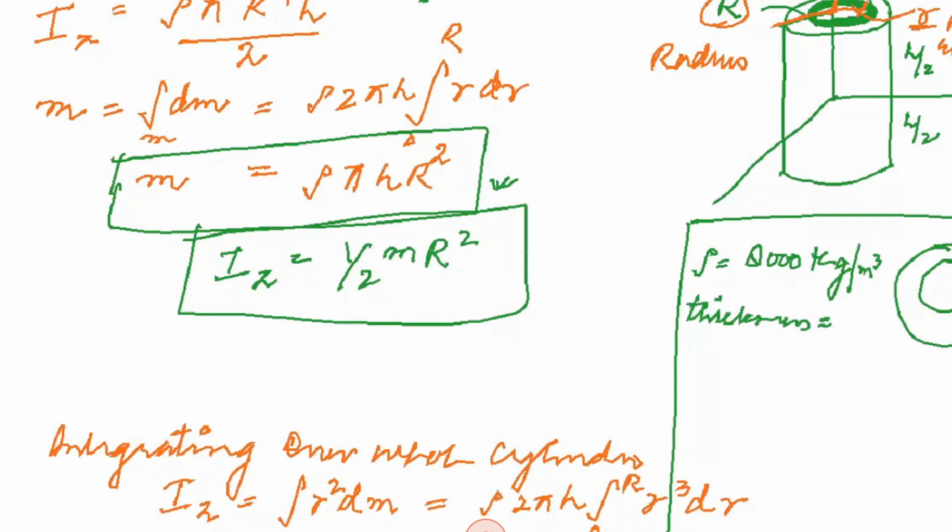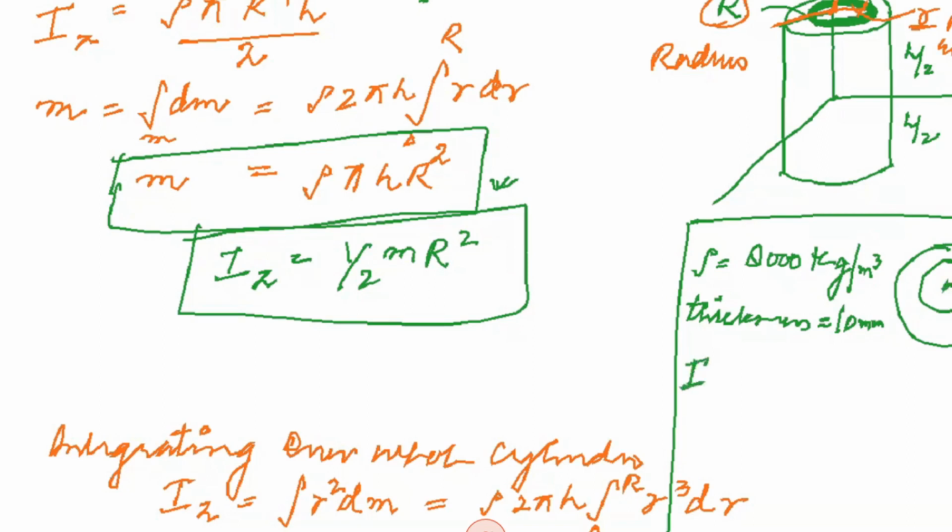Thickness how much? 10 mm. We have to determine its mass moment of inertia about an axis which is perpendicular to the page. Perpendicular to the page means this particular axis.